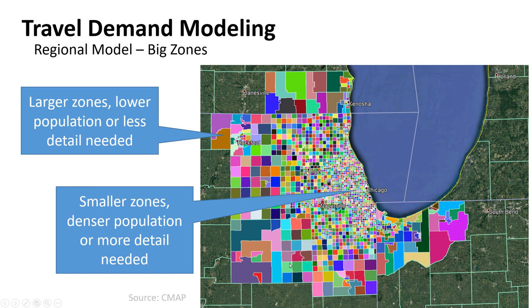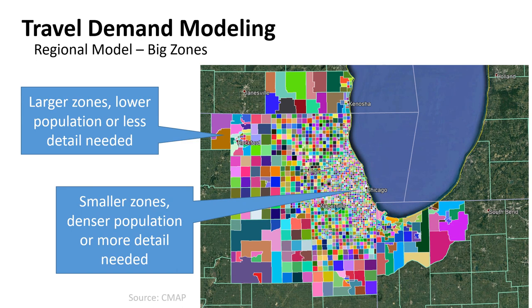So you can see where they didn't need that much detail out here, so they're going to use really large zones out there. Here's Valparaiso. I guess we have more people in town who are commuting, so they gave us our own little zone around there. As you get closer to the loop in downtown, the zones get smaller and smaller. Where there are other cities, Naperville, Elgin, and so forth, they'll use slightly smaller zones as well, since they want a little more detail.